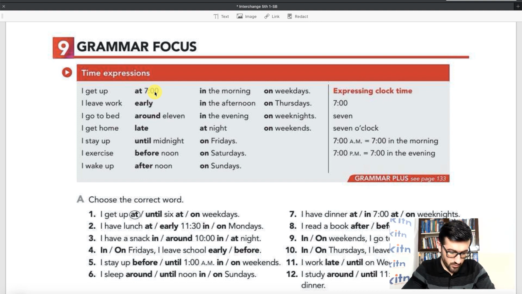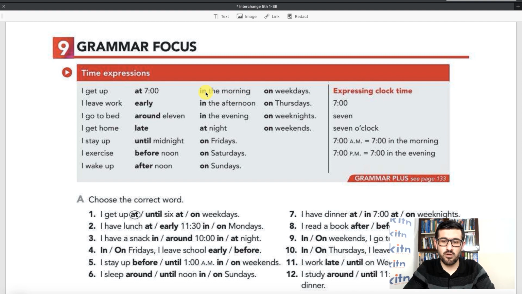But we are going to use in with the parts of the day. By parts we mean, for example, morning, afternoon, evening. But we cannot use in with night. So remember, night is an exception.